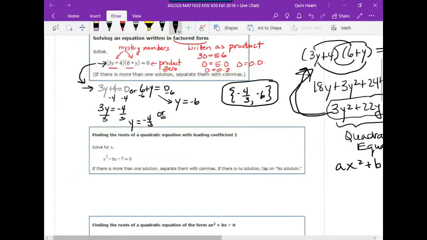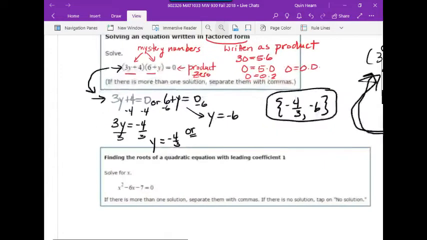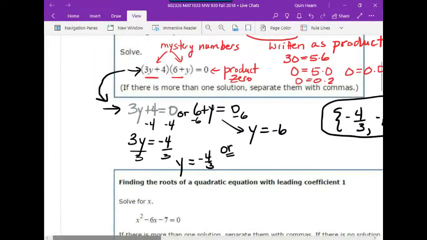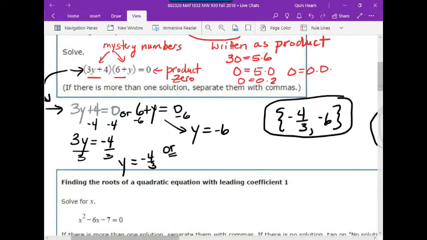So let's look at this next problem and see if we can apply the skills we learned last time about factoring polynomials of this form. So we have x squared minus 6x minus 7 equals 0. Okay, and we want to solve that equation.